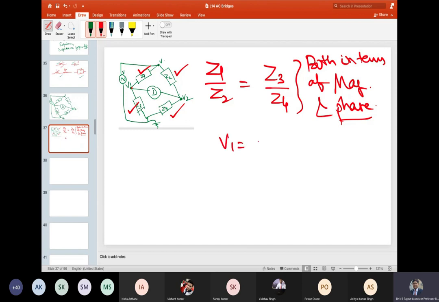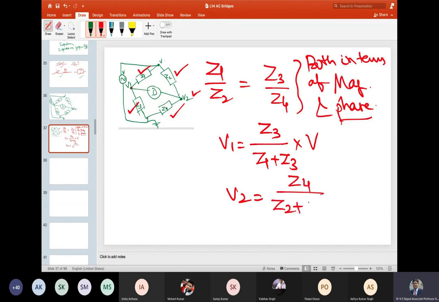So what is the voltage at V1? I can write V1 as Z3 by Z1 plus Z3 multiplied by the power supplied, which is V, right? And similarly, I can write V2 as Z4 by Z2 plus Z4 multiplied by V, right? A standard voltage divider theorem. So this will give you this value.